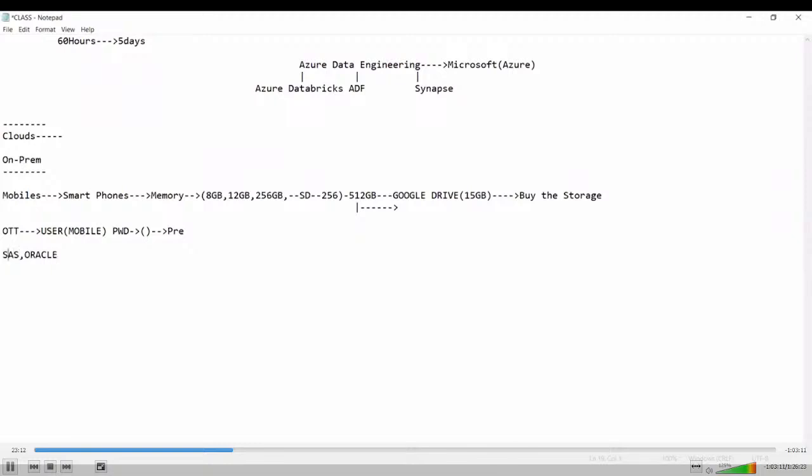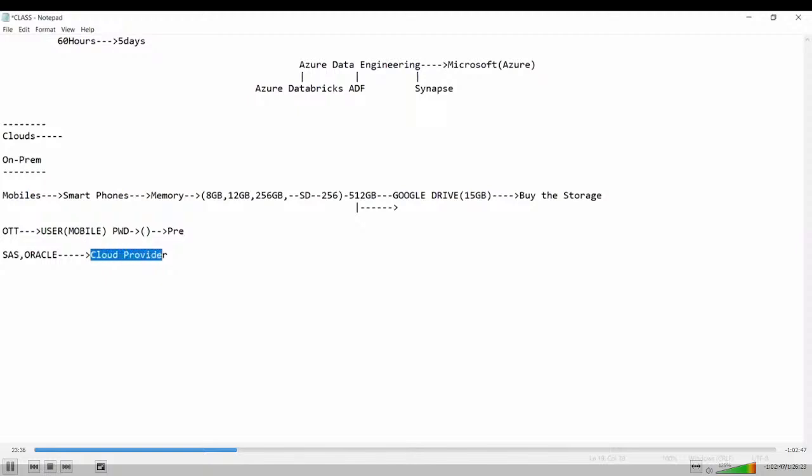SAS stands for Statistical Analysis System. Simply we need to inform the cloud provider that you require these softwares. So what is the cloud provider going to do? He is going to buy the license for you.